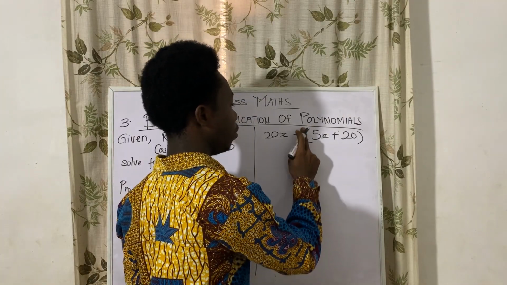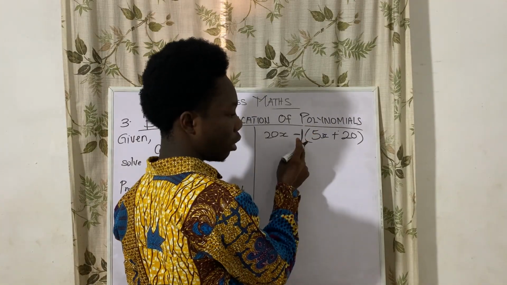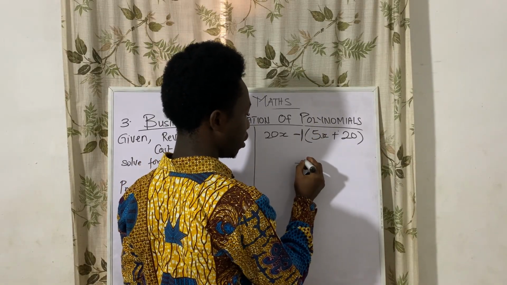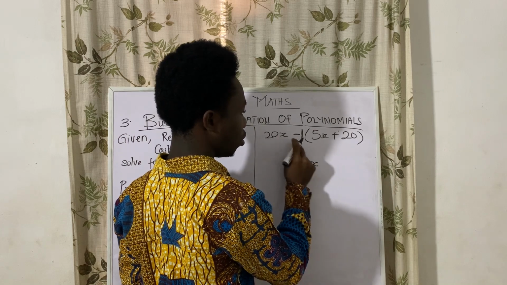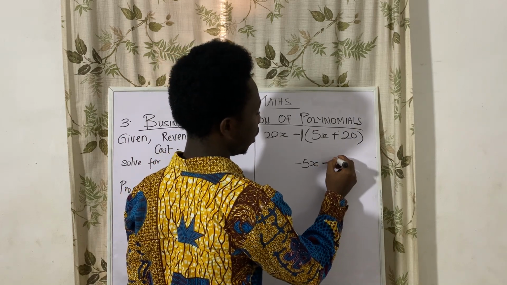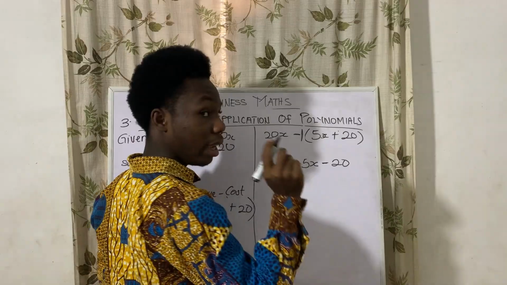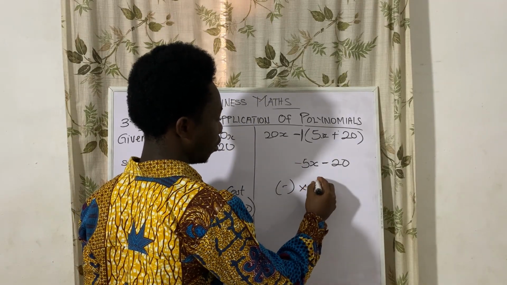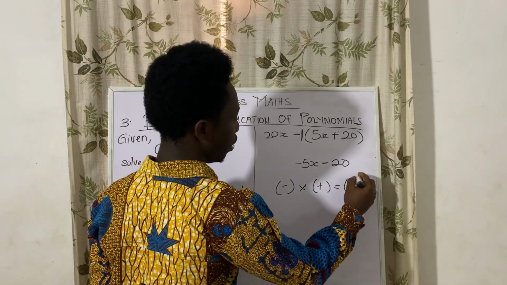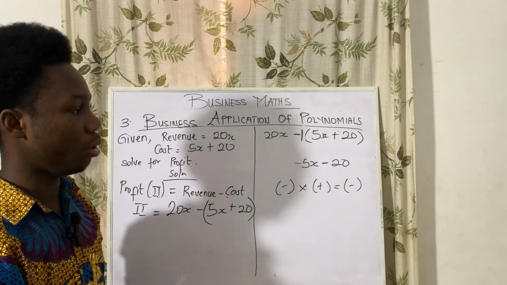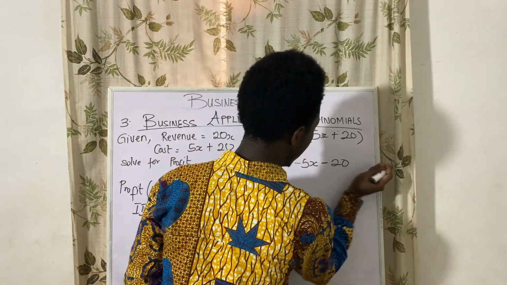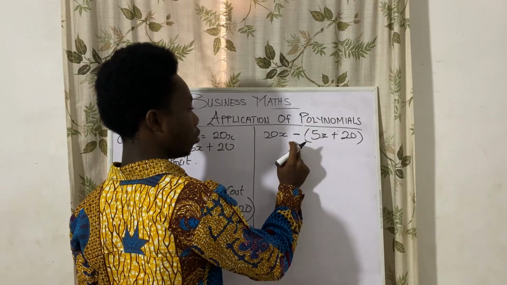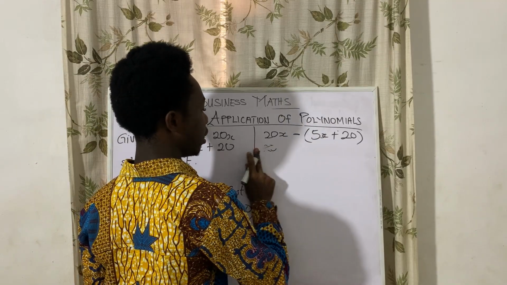In math, we don't write the 1, but there is a 1 over here, invisible. So this negative 1 times 5x is going to give you negative 5x. Now this negative 1 times 20 is going to give you negative 20. So in math, we say negative times positive is going to give you negative. Please, do you understand? There is a 1 here that is invisible.